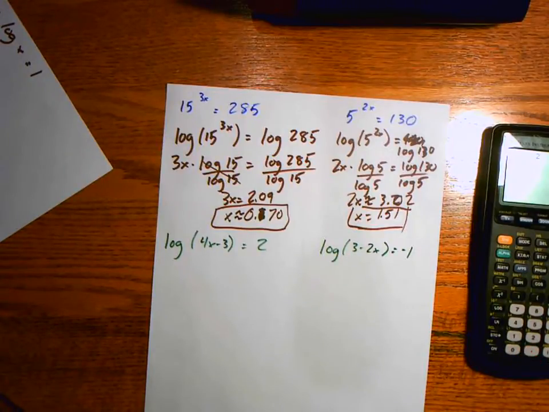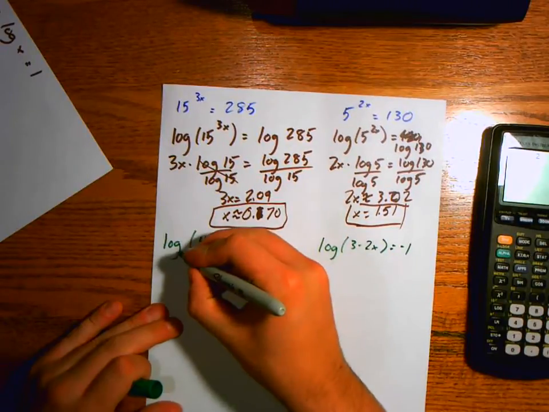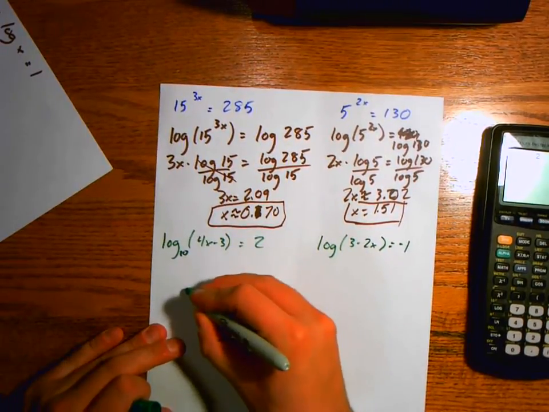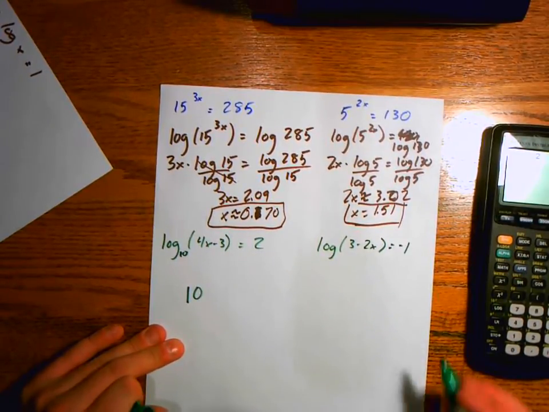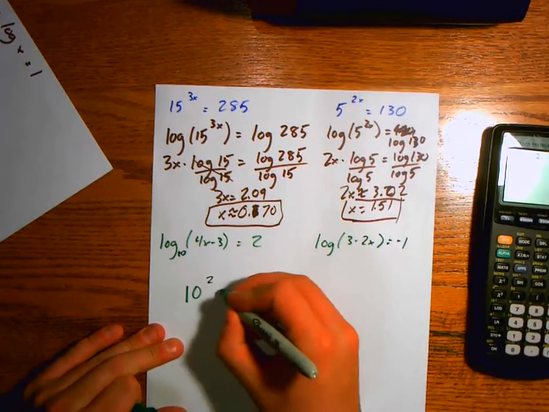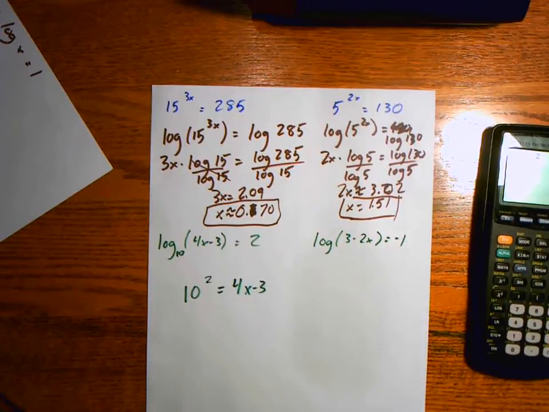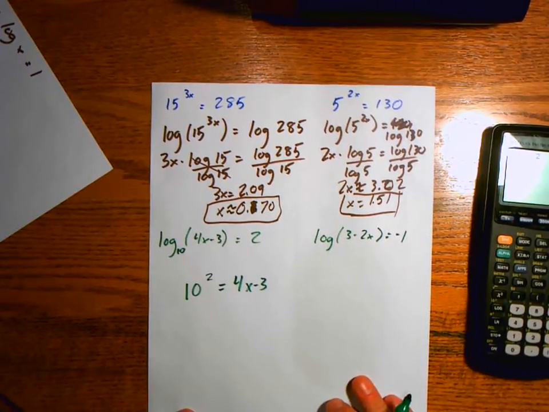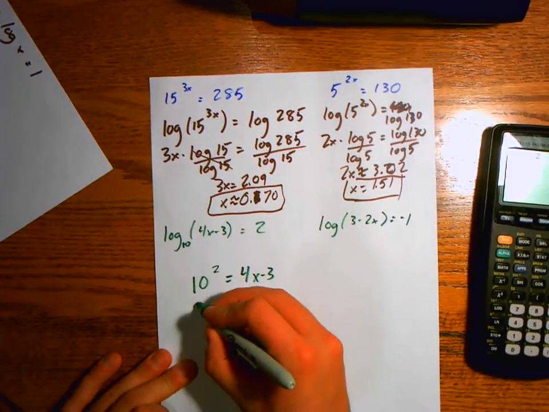So our logarithms equal our exponents. Since our base here is 10, that means the base of our exponent is going to be 10. Our exponent is what the logarithm equals, which is 2, and this is equal to the number inside the parentheses. Converting it from logarithmic form into exponential, 10 squared is equal to 100.